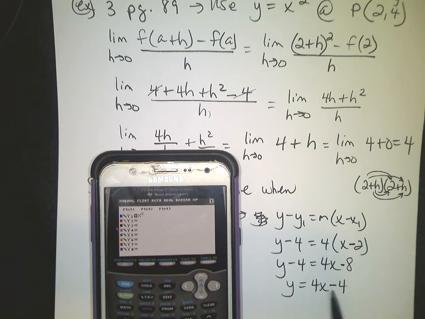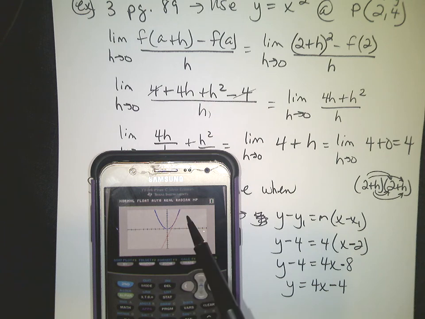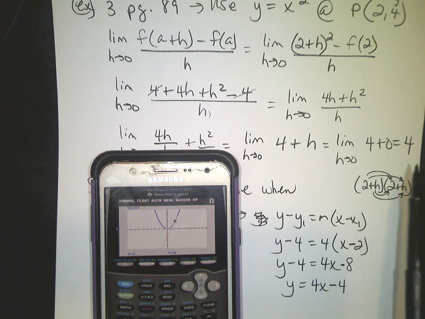And then I graph y equals 4x minus 4 in the same coordinate plane. So here's our parabola, x squared, and then here is our 4x minus 4. And the point where they meet, if I trace it, is at 2 and 4, because that's the point I used with the slope I found.